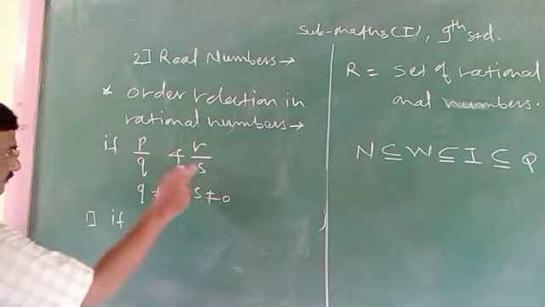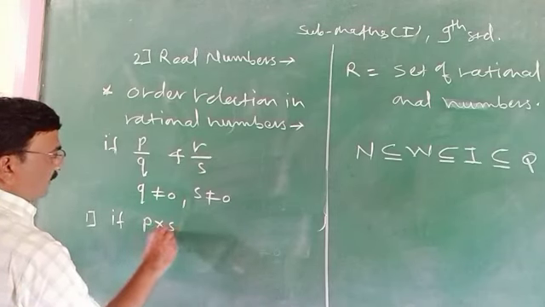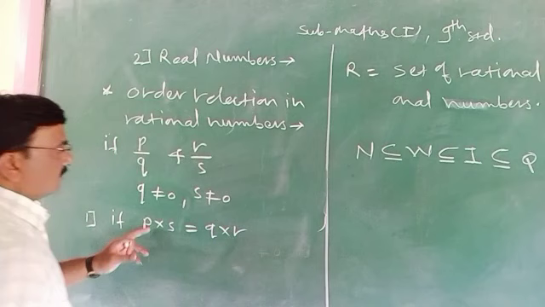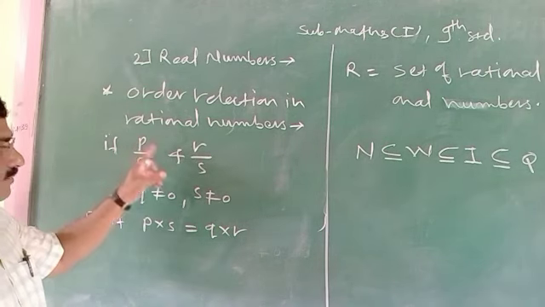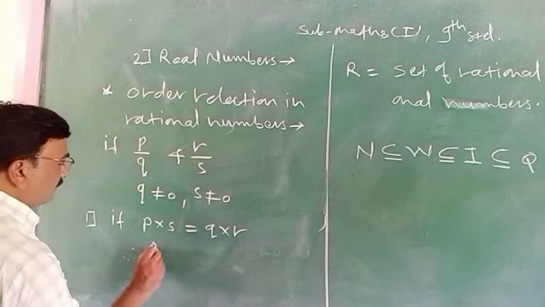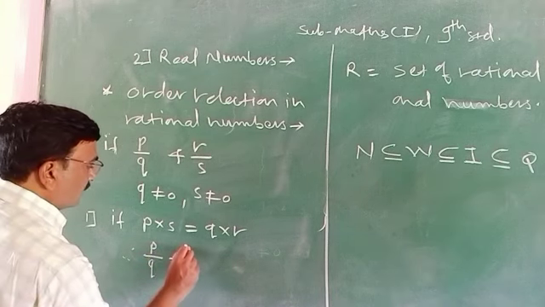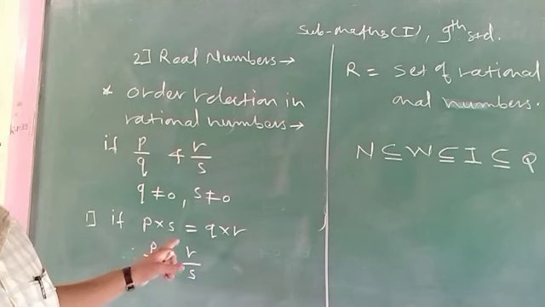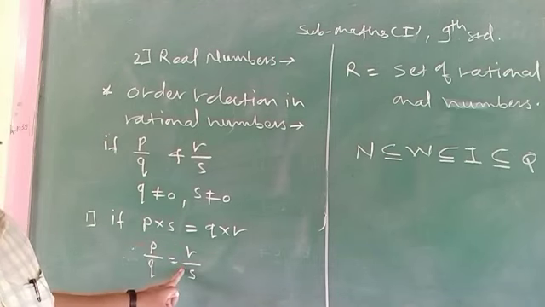if p into s is equal to q into r, the cross multiplication products of the two numbers are equal, then p upon q equals r upon s. If both products are equal, then the two numbers are also equal.